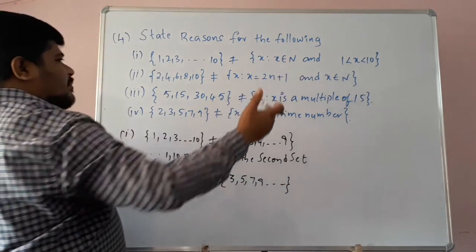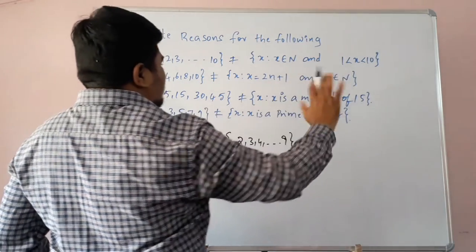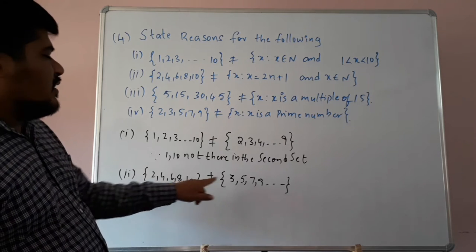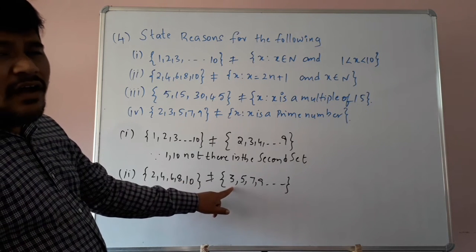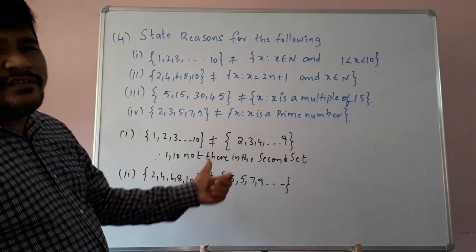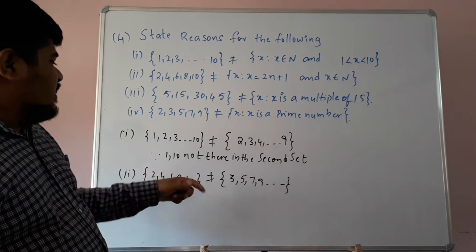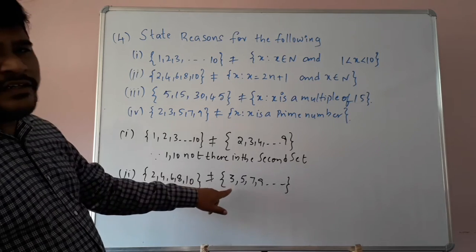Because children, here they did not mention any condition like less than 10 or less than 20. So on. Here these are the even numbers and a finite set. These are the odd numbers and an infinite set. Even 1 is not there, 1 is not in either set. 2 is there in the first set, in the second set not there.